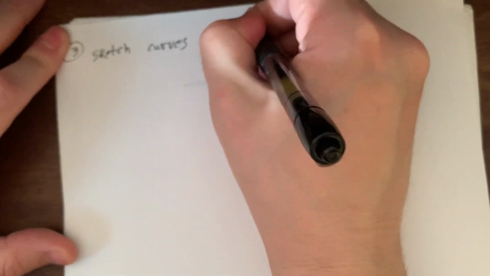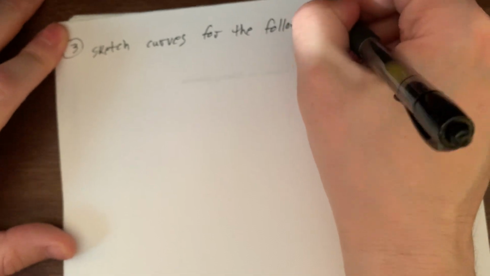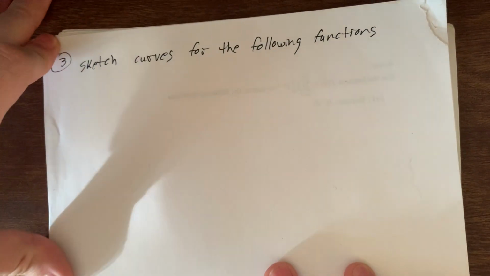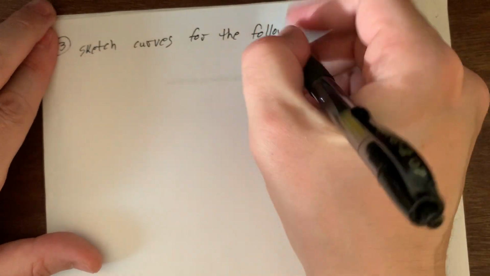Let's wrap up this section with a few curve sketching problems. Sketch the graphs for the following functions. And as I've always said, for these types of problems, I will give you your bases. And I've already set them up.